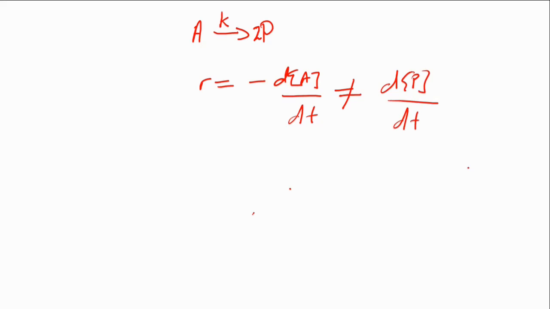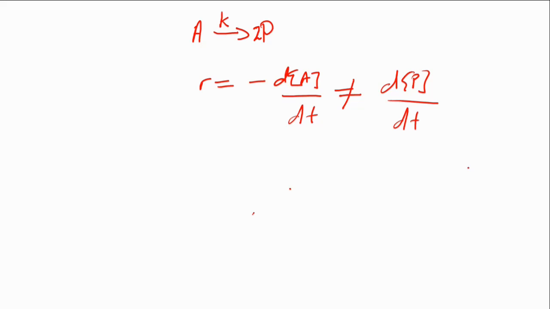Now, what is the problem here? Think about it. Let's say this reaction is running for 1 second, and let's say one molecule of A breaks down, okay? That one molecule will produce two molecules of P. So let's say it takes 1 second for one molecule of A to break down.